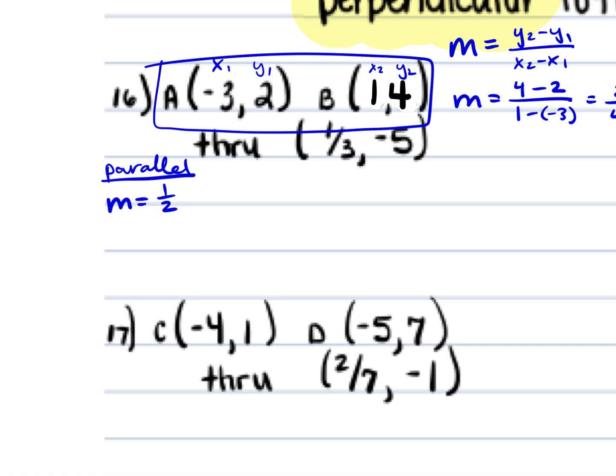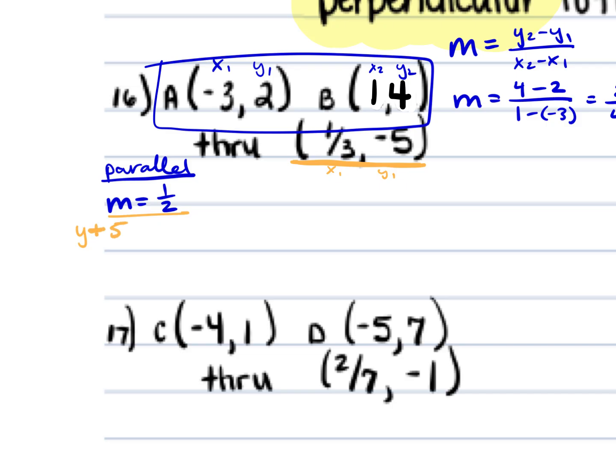So now I'm going to use my slope, and I'm going to use the third point that we have here, the point that our line goes through. So if I have a point and I have the slope, what would I need to do? Put it into point slope form. So y minus, this is x1, y1. Y minus y1 is negative 5. How would we write minus negative 5?